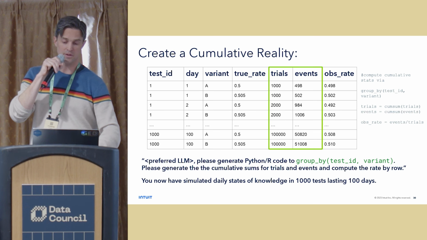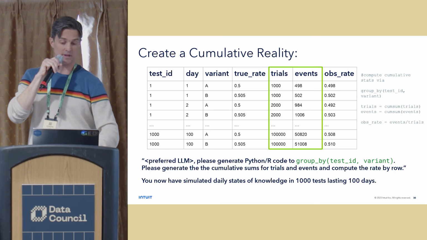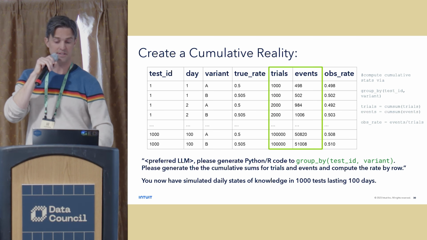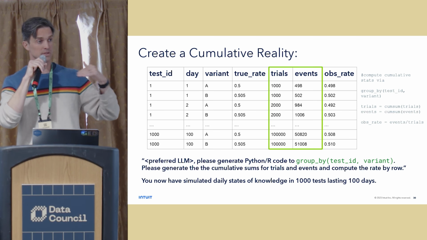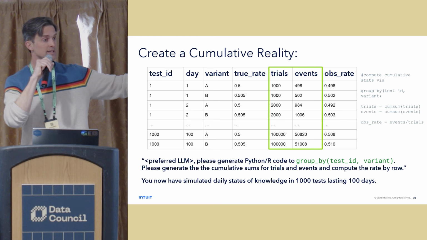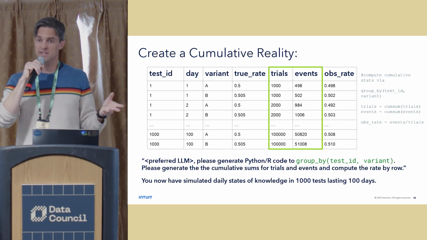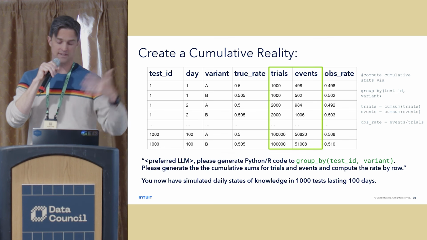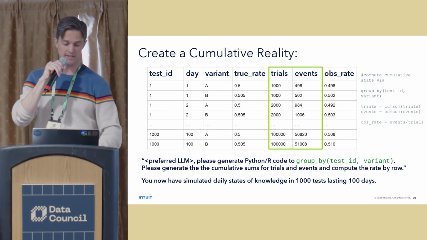And you're just going to group by your test ID and the variant, and then you're going to get the cumulative sums of trials and events. And that's going to allow you to also compute the cumulative rate. And so for every A/B test you're simulating now, you would have the daily cumulative stats. And again, trivially easy to just prompt an LLM to generate this code for you.